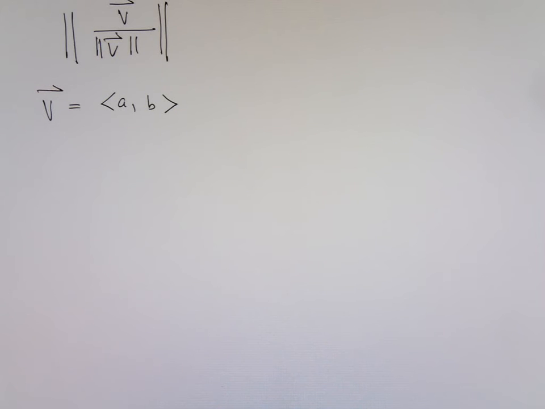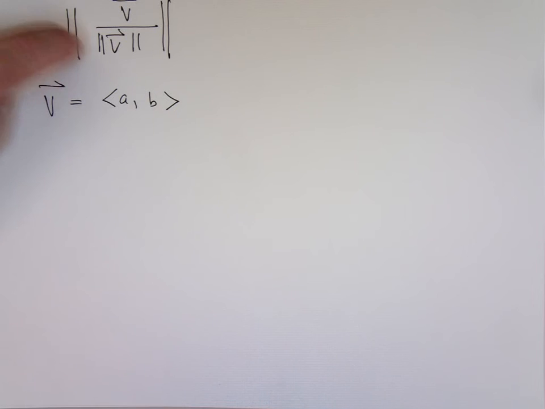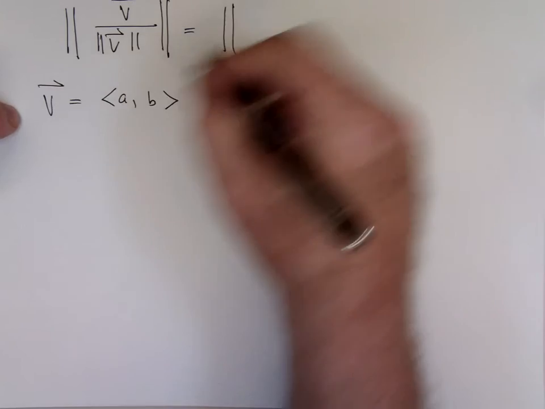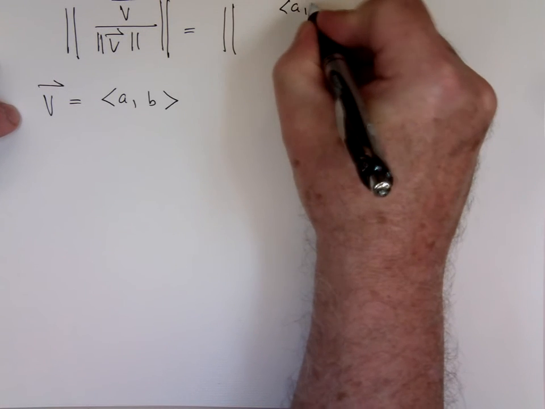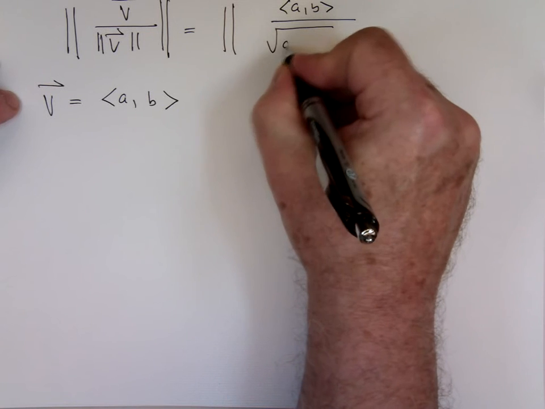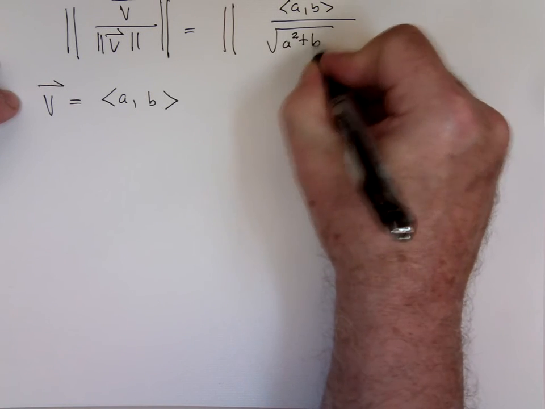Take the vector, divide by its magnitude. I want to prove that that is a unit vector by taking the magnitude of that. So we want to take the magnitude of v over the magnitude of v, and we want the magnitude of this vector.